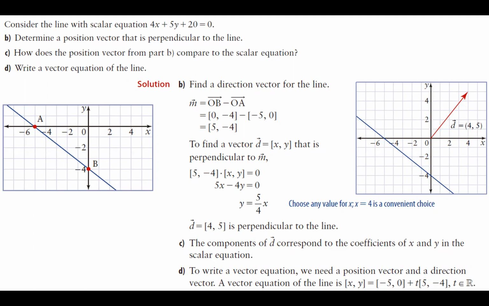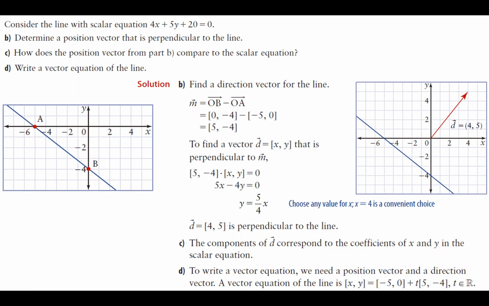Then to find the vector d = (x, y) that is perpendicular to m, we need to find a vector whose dot product with the direction vector is 0, right? Remember that 2 vectors being perpendicular is equivalent to the dot product between these 2 vectors being 0. So that basically gives us 5x minus 4y equals 0.